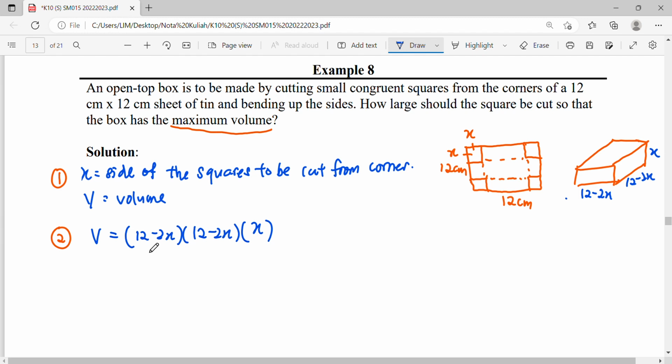Alright, so we expand this formula so it is easier to differentiate. 144 times x, then minus 48x squared, then 2 times 2 will become positive 4x squared times x, which is x cubed. So this is your formula in a single variable.